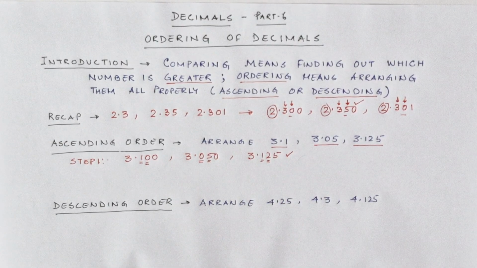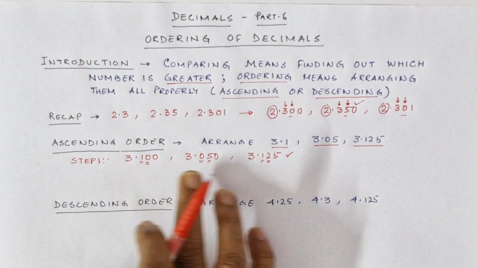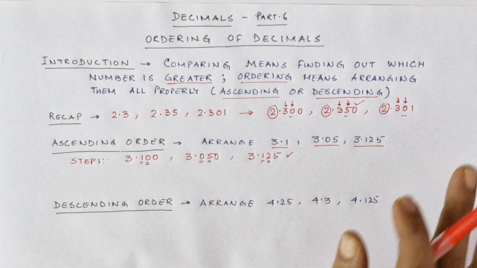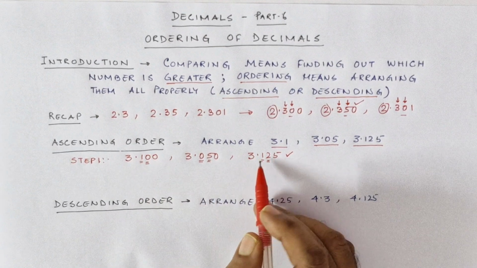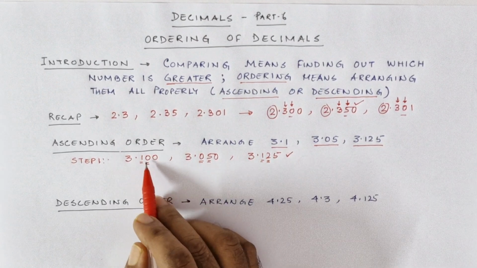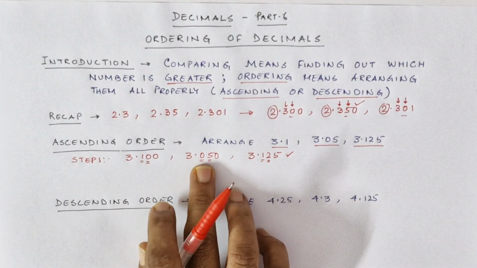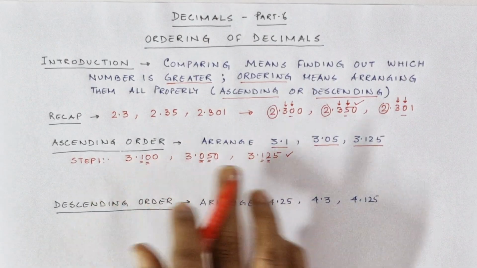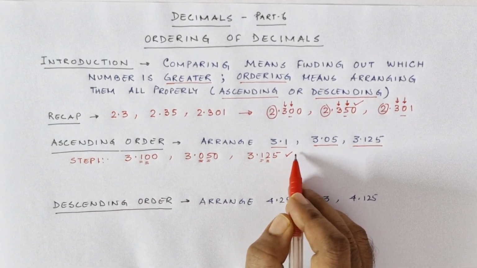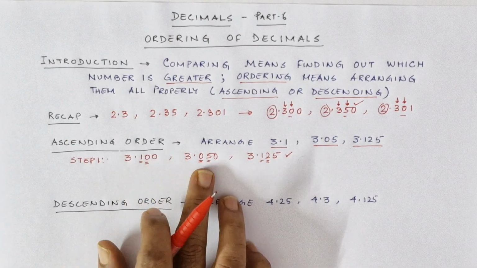Between these 2, this one will be the highest. It is evident. Why? Because the 10th digit is 1, and after comparing 0 and 2, 2 is the highest. Obviously this one is not the highest, because here is 0. So we need to compare between this and this. So we got the highest. Now let's compare this one and this one.